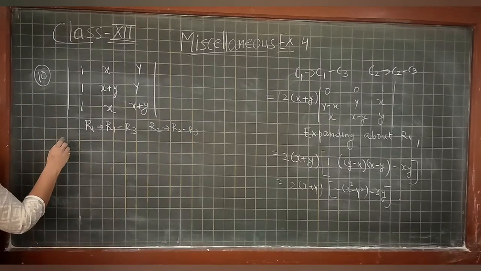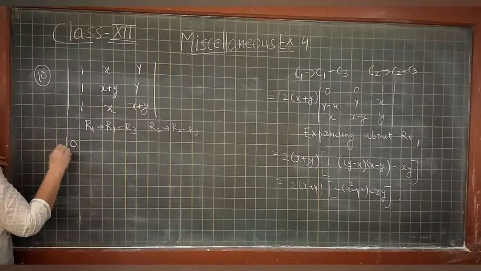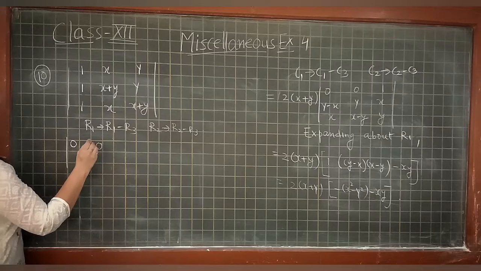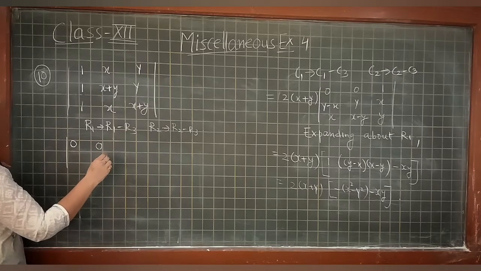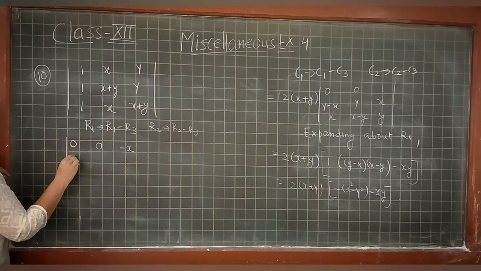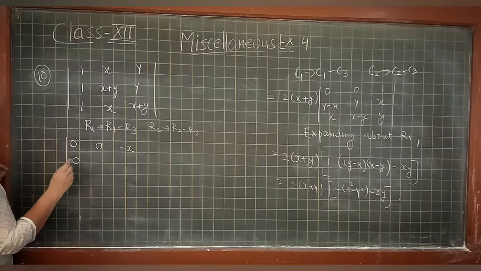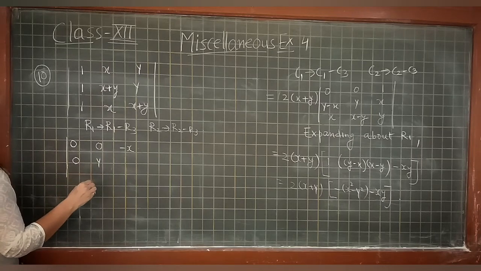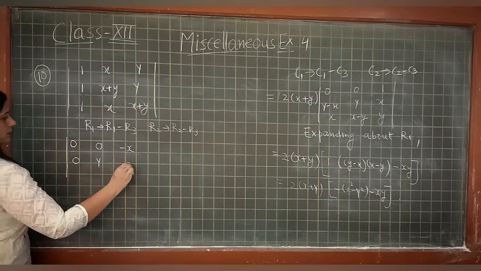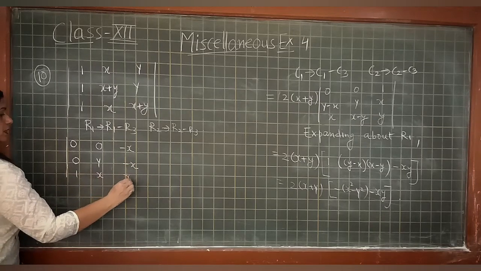Okay, so you have R1 minus R3 means 0 and x, y minus x. Okay, then R2 minus R3 means 0, y and minus x, then 1, x and x plus y.